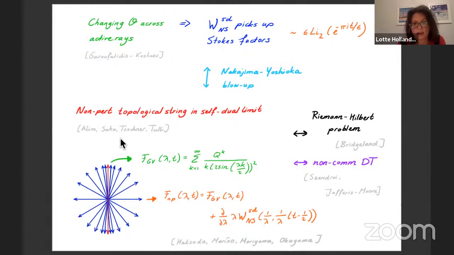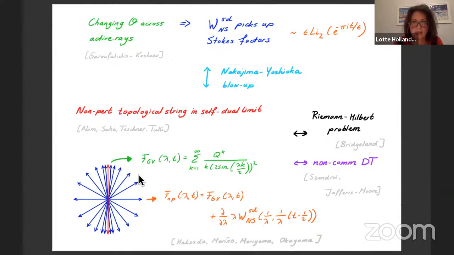In that work, you would do something similar. Alim, Saad, Teschner, and Tully start out with a formal series expansion of the free energy of the topological string in the self-dual limit, and then they compute the Borel sums corresponding to these different phases.